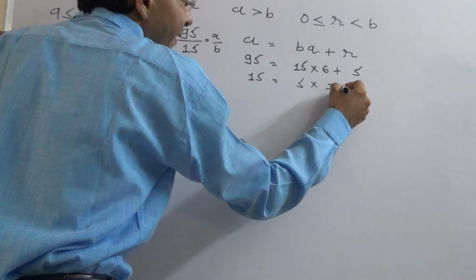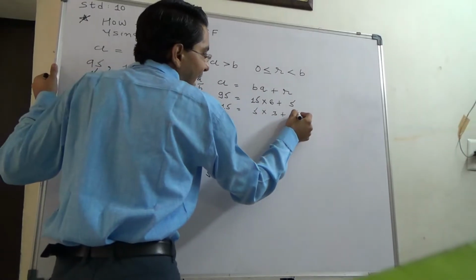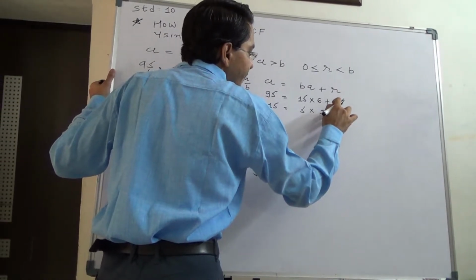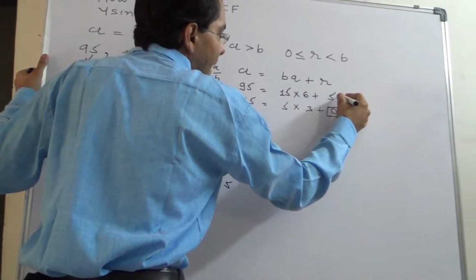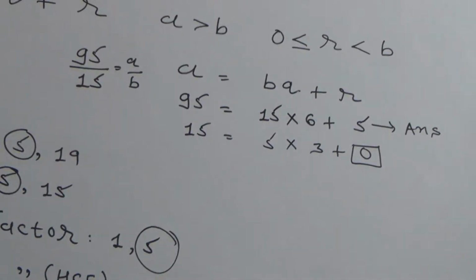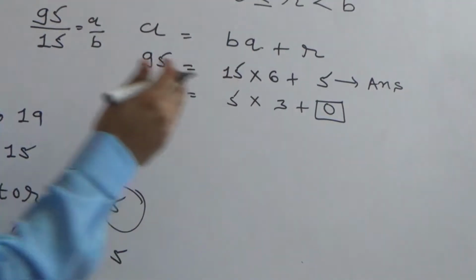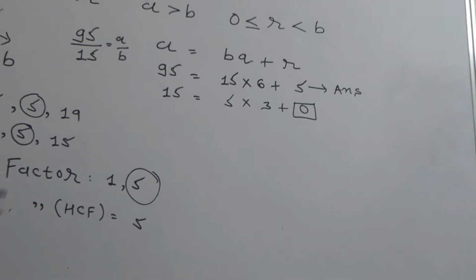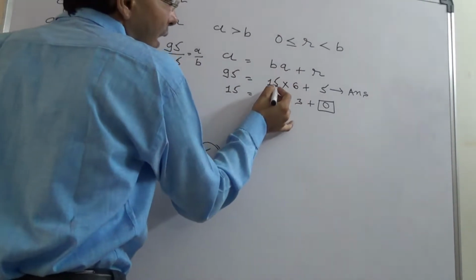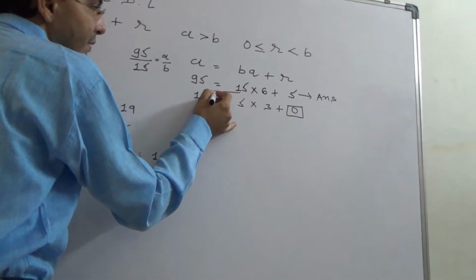So 5 times 3 is 15 and the remainder is 0. When we get remainder 0, the divisor in the last step, which is 5, is our answer. In this method, when the remainder becomes 0, the process ends. We have to continue like this: our b becomes our a and our r becomes our b. See this one.